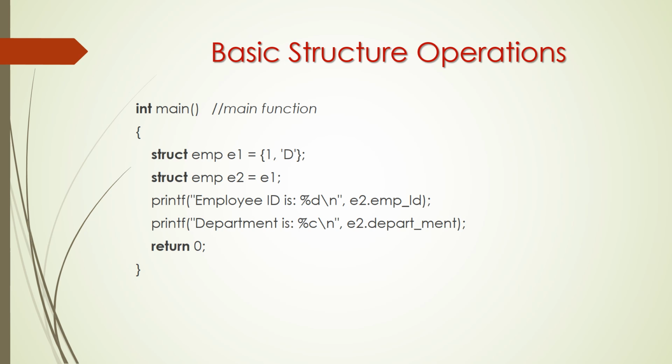Next, a new structure variable E2 is declared and assigned the value of E1. This means all member values from E1 are copied into E2. So in C, structure assignment is allowed as long as both variables are of the same structure type.